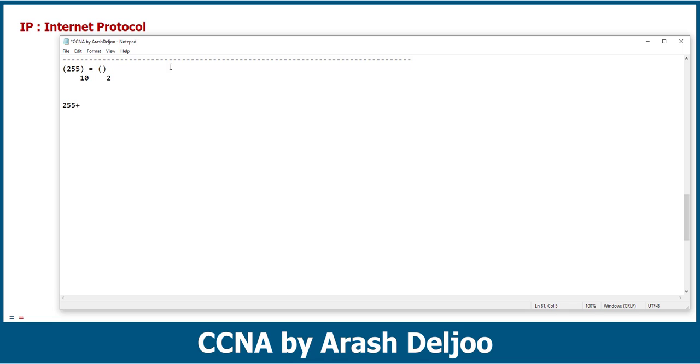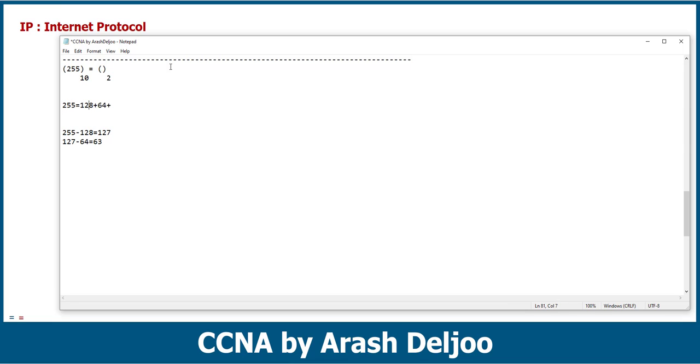255 contains 128. Now if you subtract 128 from 255, we have the value of 127. In 127 we have 64. Let me subtract 64 from 127. The value is 63.